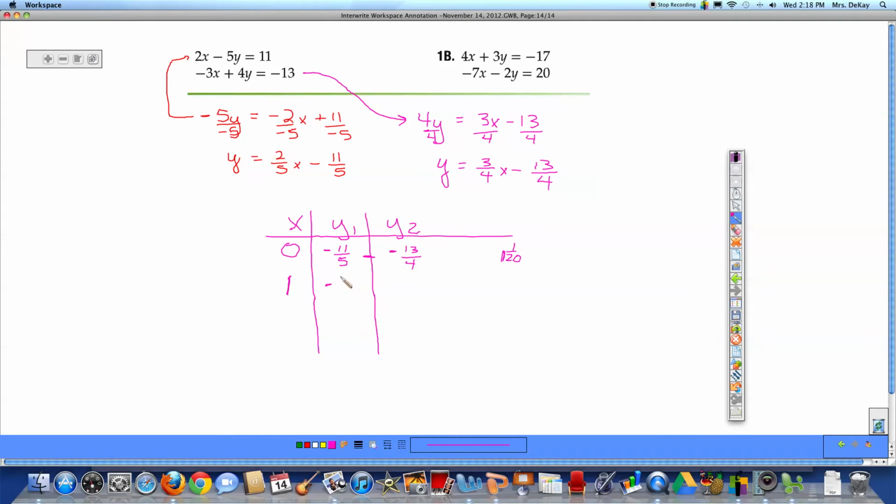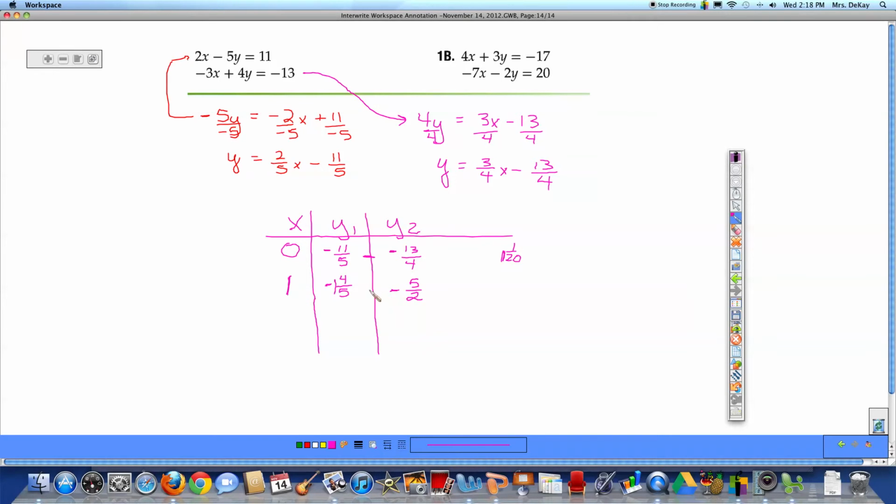Negative 1 4/5. Double check that, girls. Negative 1 4/5. Okay, boys. Negative 5/2. Do I hear a second? Yes?